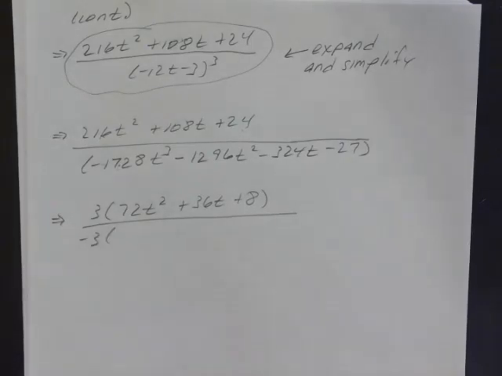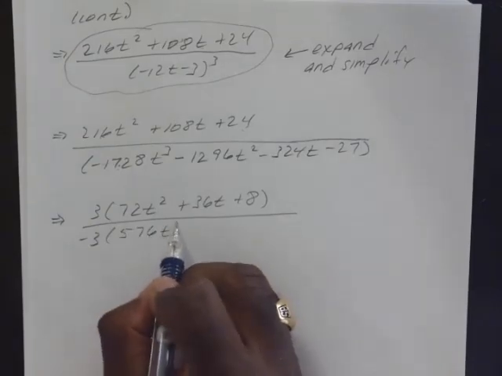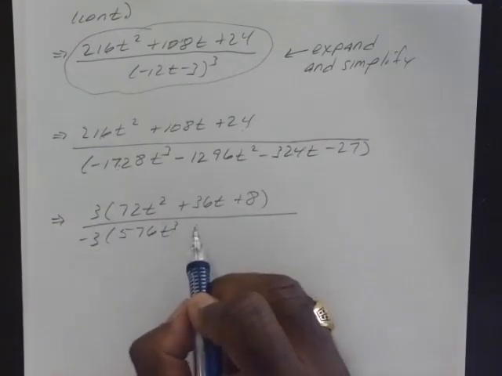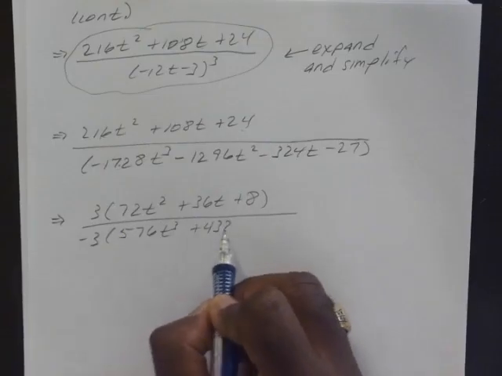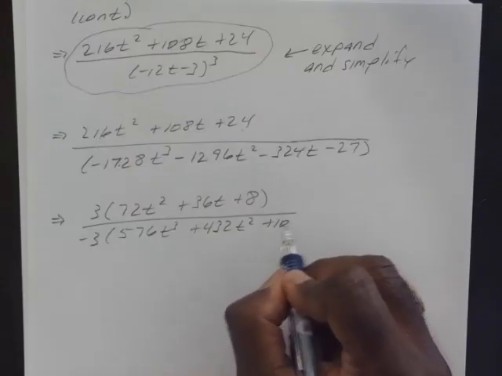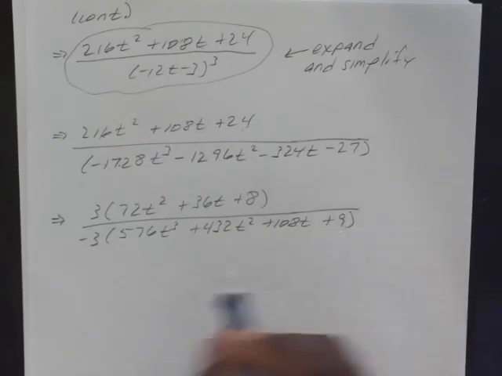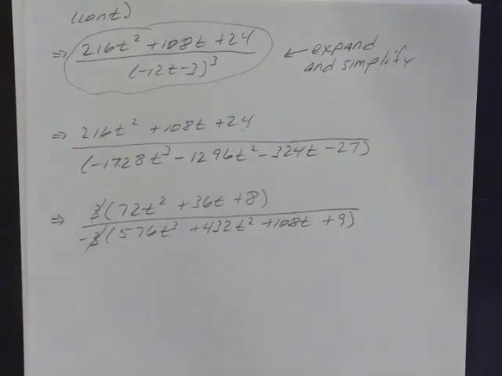So we have negative 3 times 576t to the third power plus 432t squared plus 108t plus 9, where of course the 3's cancel each other out.